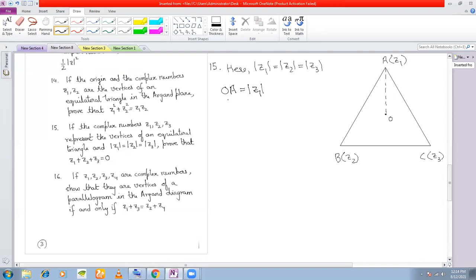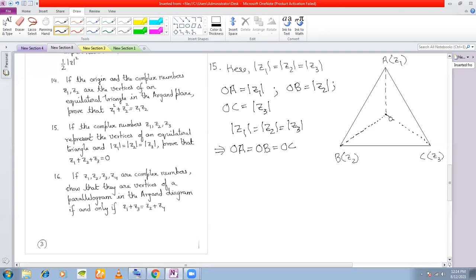OB, this distance, is equal to mod Z2. And this distance, OC, is equal to mod Z3. That means if mod Z1 is equal to mod Z2 is equal to mod Z3, then OA must be equal to OB must be equal to OC.